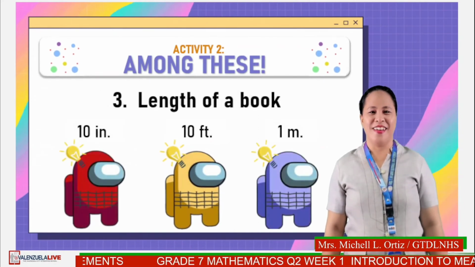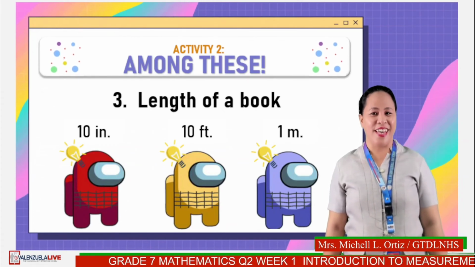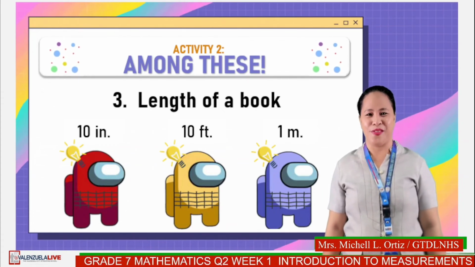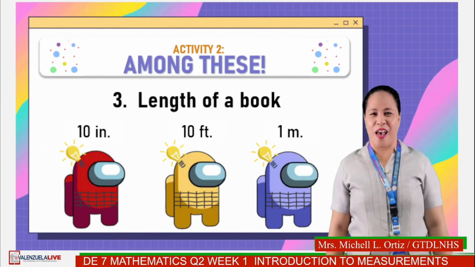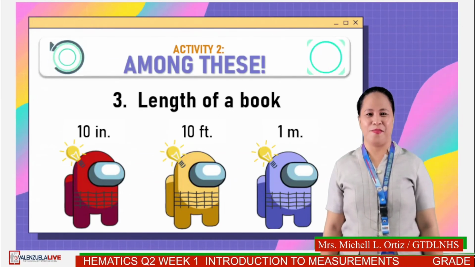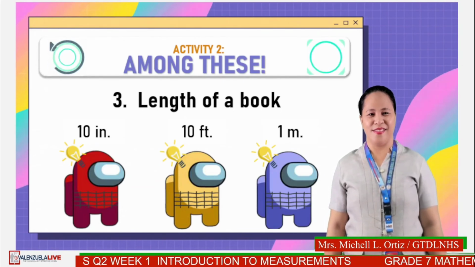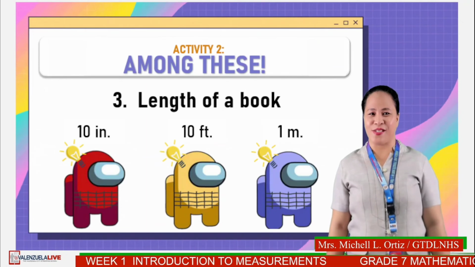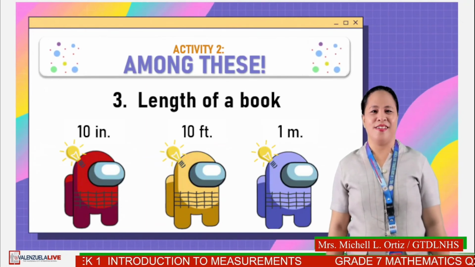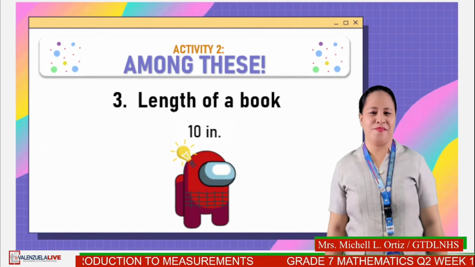Number 3, length of a book. Is it red, yellow, or blue? 5 seconds, go! The correct answer is red, 10 inches.